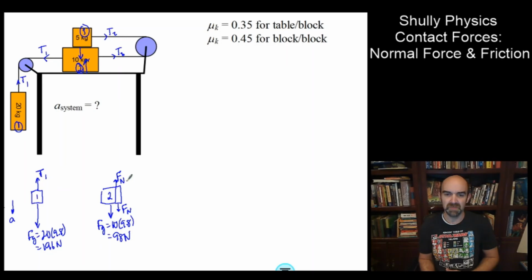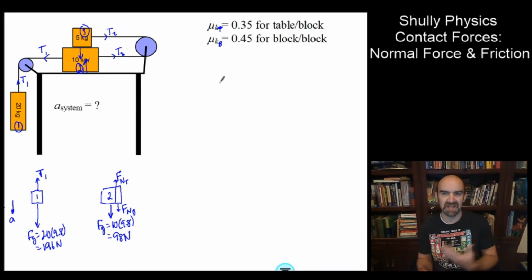This one's from the table, and this one's from the block. So I'm going to write normal force from the table, and this is the normal force with the blocks. And that should go along with these up here. We'll call this the table, mu T, and this one the block, mu B. I use a capital T and a capital B. There, we got those labeled.